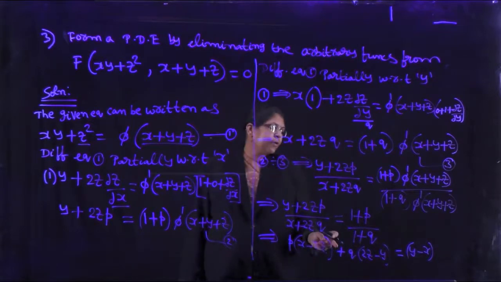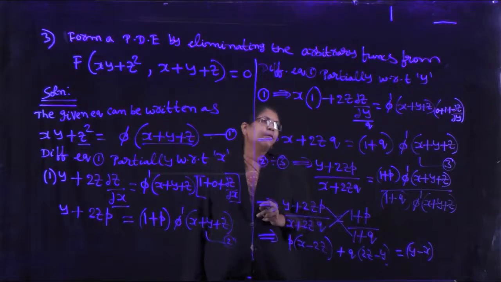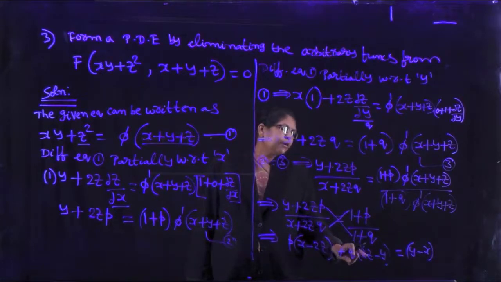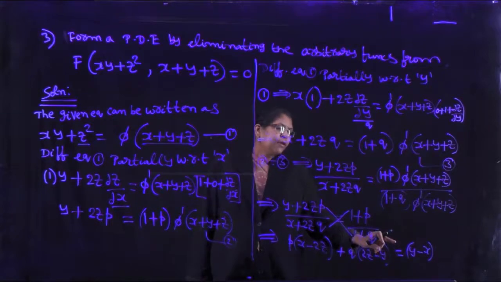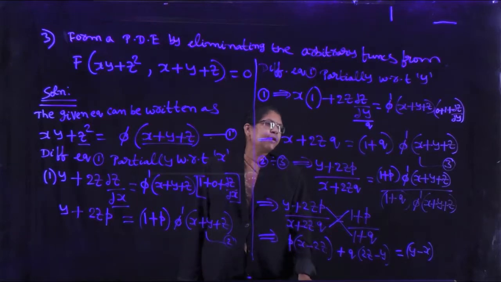How will you get this? You cross multiply and simplify just like the previous problem. After simplification you got p into x minus 2z plus q into 2z minus y equal to y minus x, which is the required partial differential equation.